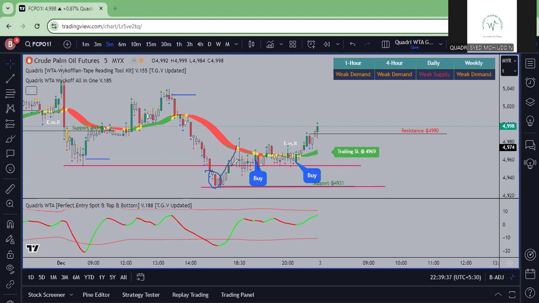This is a false breakout, a breakdown, and then price is coming back. It is hugging this particular level. Once I bought, this is my stop loss, and my stop loss is not triggered. And I got a second entry over here. This is my second entry, and both the entries are in profit.